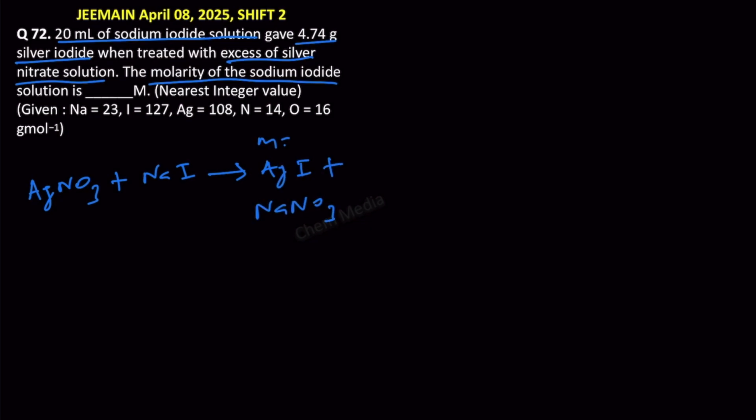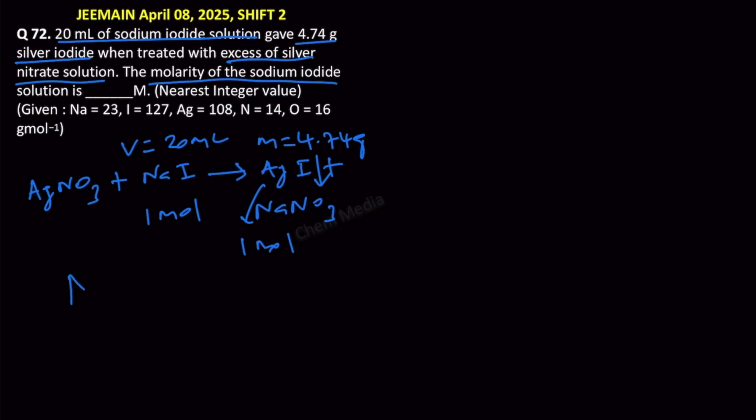The mass of silver iodide is 4.74 gram and the volume of sodium iodide is 20 milliliter. In terms of stoichiometric moles, if we have 1 mole of sodium iodide, we would get 1 mole of silver iodide. That's the stoichiometric mole ratio here.